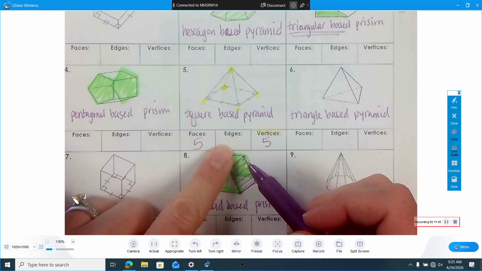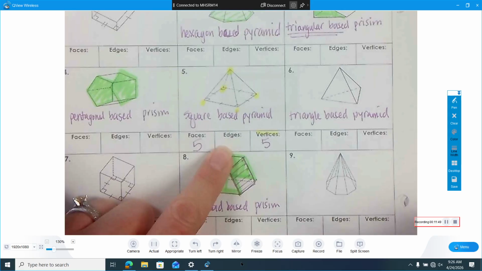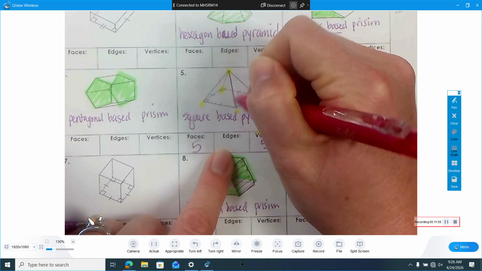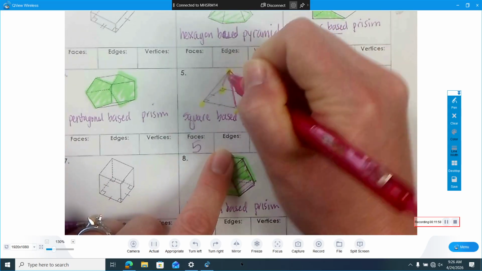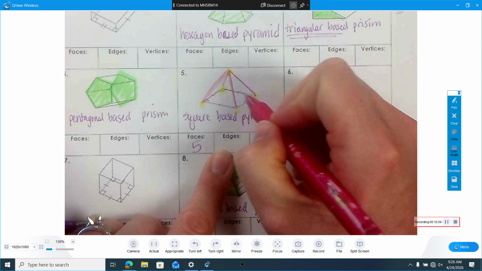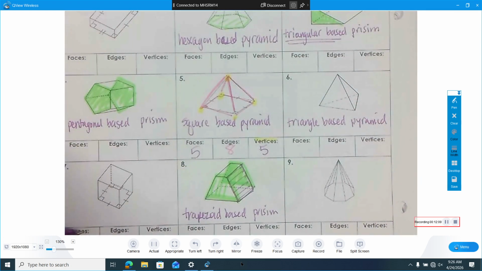How many edges? What are edges? The lines, yeah, where the faces come together. So our edges are, let's see, we've got 1, 2, 3, 4 edges on top, and then how many edges on the bottom? Yeah, 1, 2, 3, 4 edges on the bottom. So we get 8 edges total.